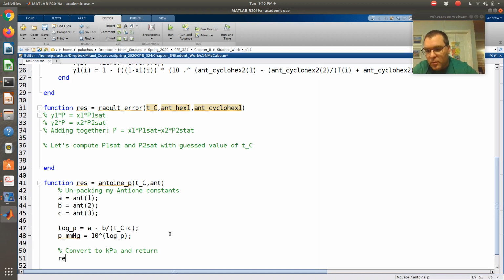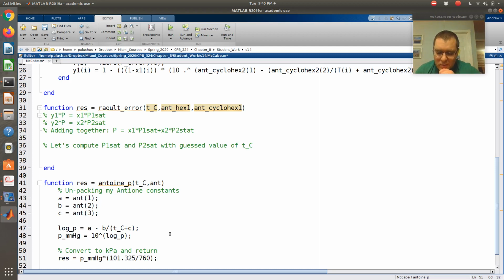So res would be P in millimeters of mercury times 1.01325 e to the 3, right? So 101.325 divided by 760. Okay, I believe. I believe, right?